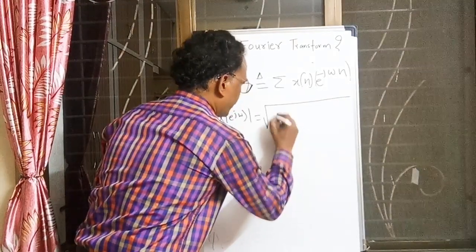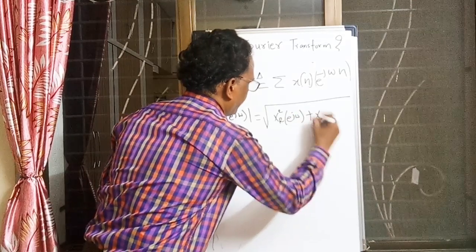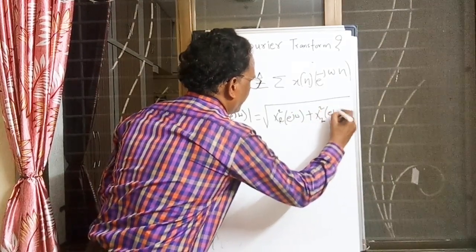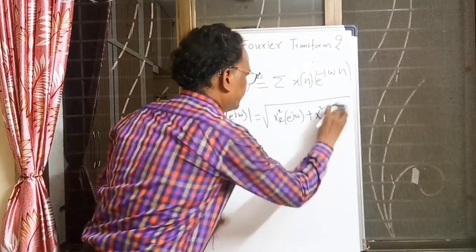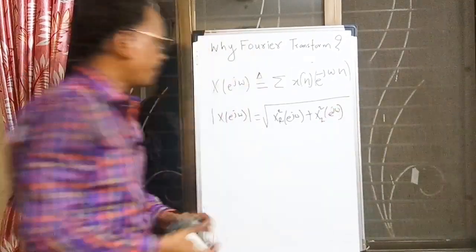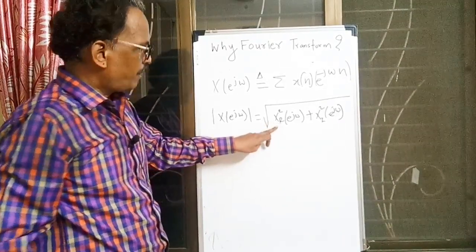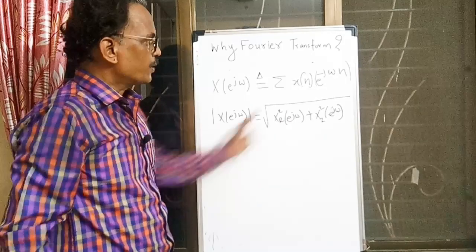The magnitude can be obtained by taking the square of the real part plus the square of the imaginary part and the square root of that.